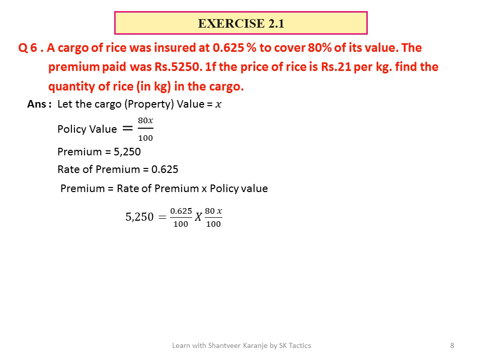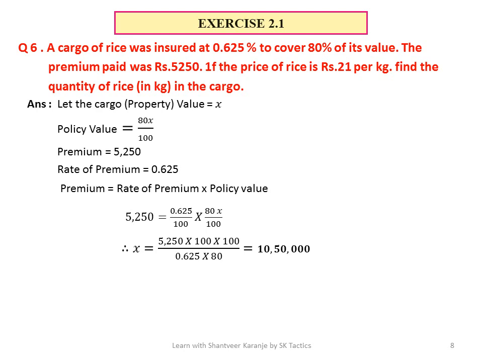Again these 100s go in multiplication with 5,250, and these numerator values go in the denominator on the opposite side, and this becomes X is equal to 5,250 into 100 into 100 divided by 0.625 into 80, and the calculation gives me the value 10,50,000. So this is the property value, meaning the cargo value.